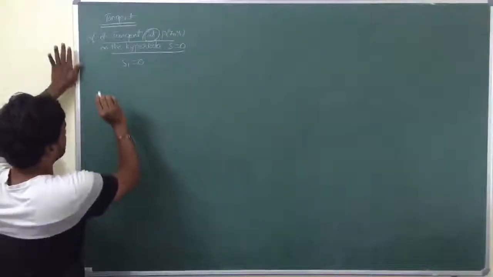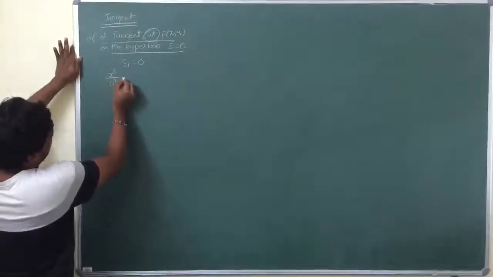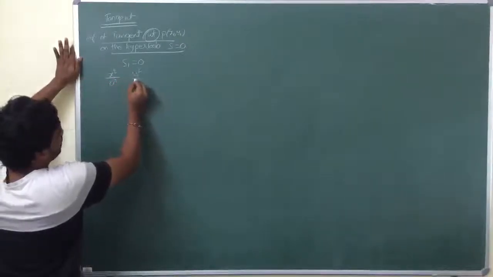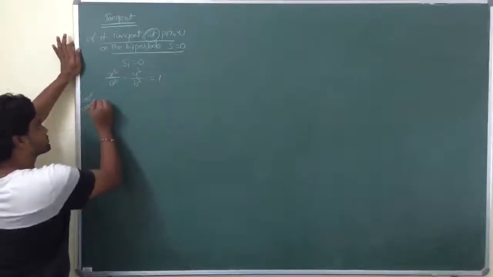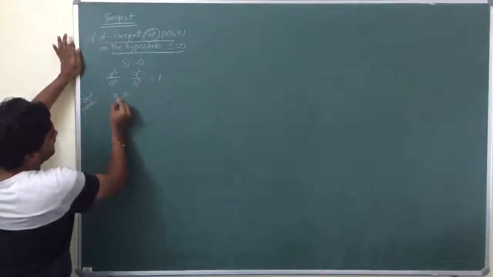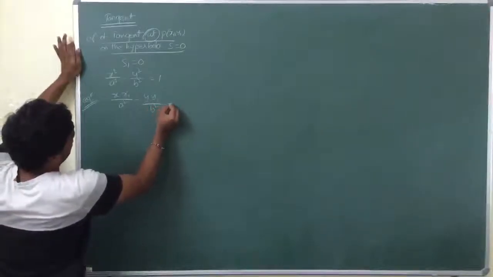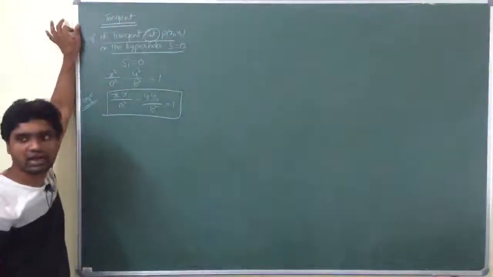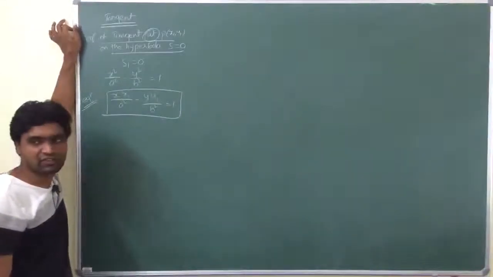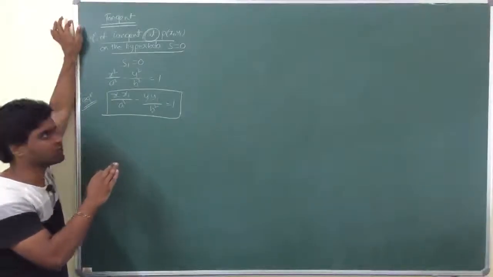Suppose the point (x1, y1), and the equation of the hyperbola is x square by a square minus y square by b square is equal to 1. So the equation is x x1 by a square minus y y1 by b square is equal to 1. Same is for the conjugate hyperbola also. Don't worry about that.